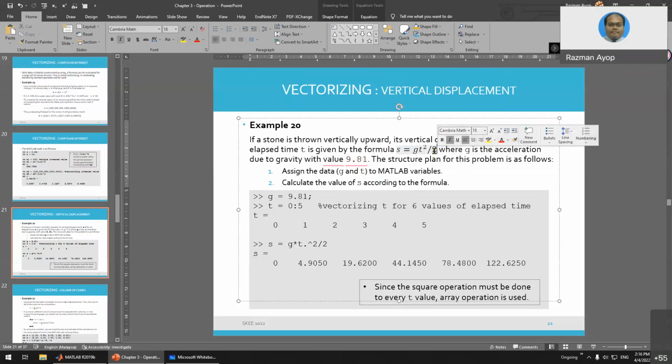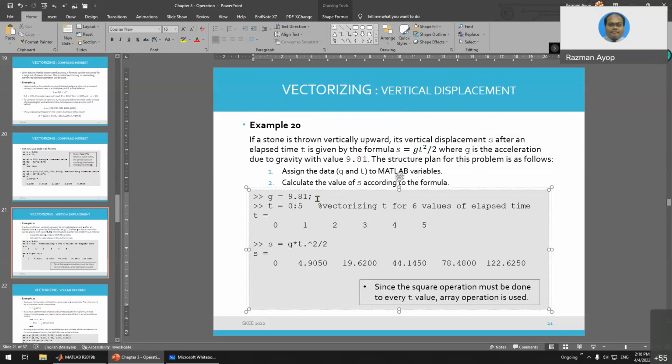And divide by 2. So you have G and you have T. For this case, T is changing, and the other components are not changing. So you have to make sure that all the values of T are multiplied, and that's why you have to put the dot.